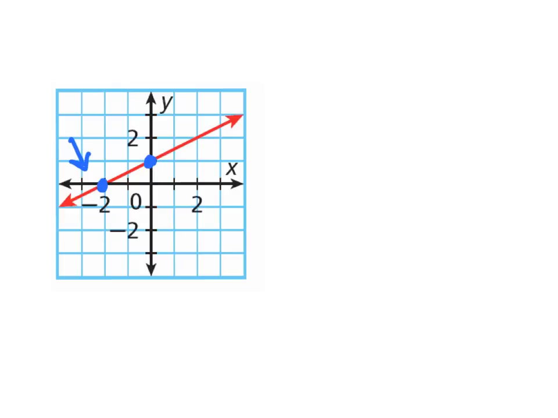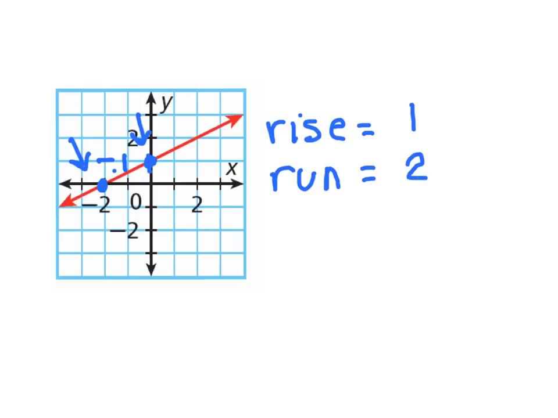The change in the y direction from that point to this point, you would have to go up 1. So the rise is equal to 1. Then the run would be 1, 2 in the positive x direction, so the run is 2. Therefore, the slope of this line is equal to 1 over 2, or 1/2.